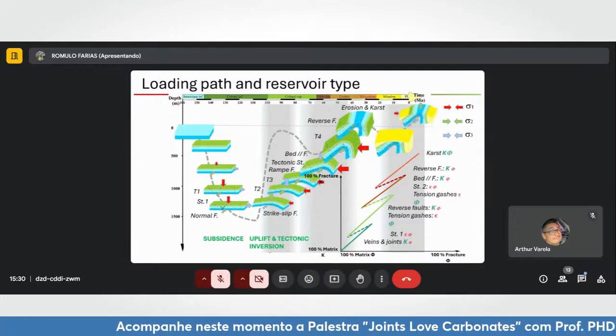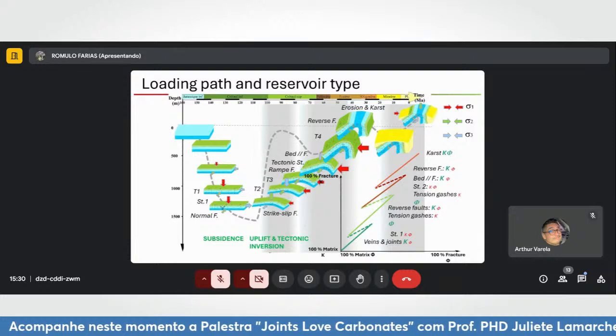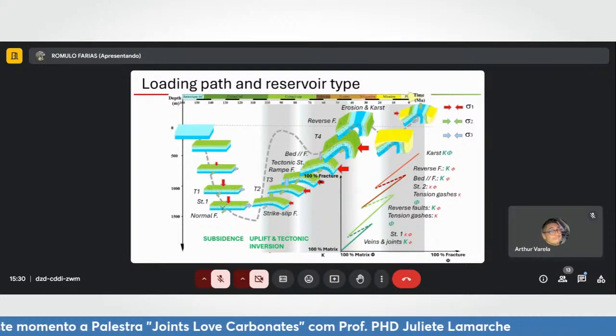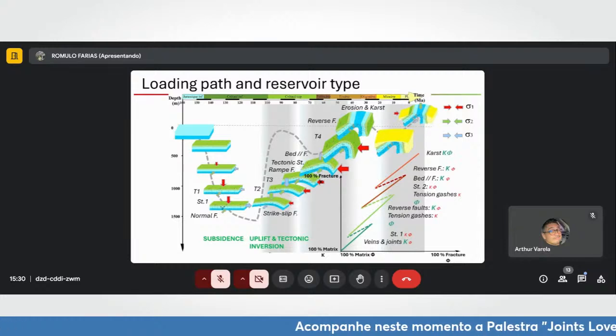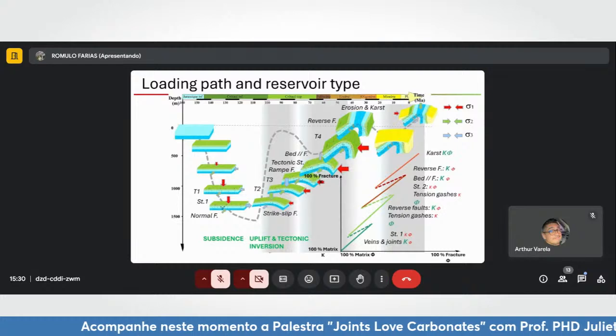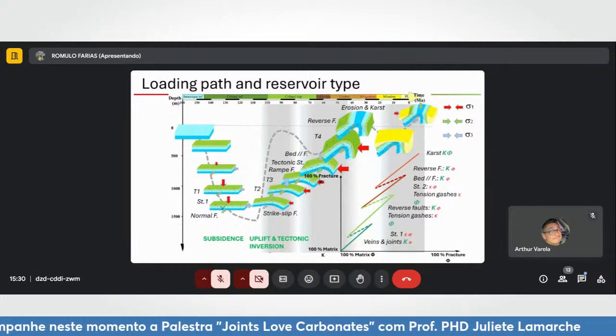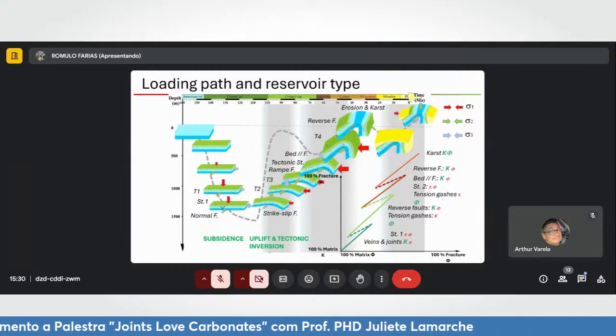Last phase, in that stage, we had erosion, some calcification, and deposition of tertiary on top of it. So here is also another history which you probably know better, because at that time there was hypokarst and epikarst.